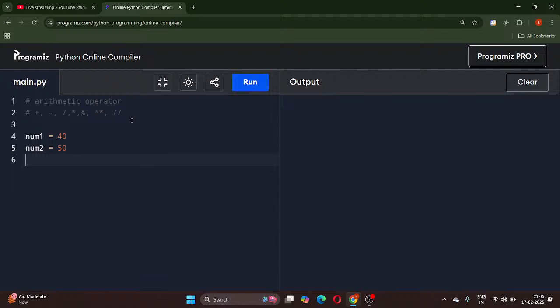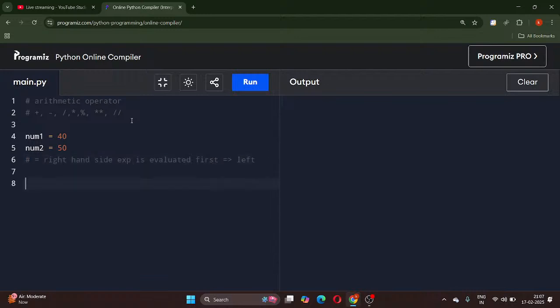So the right hand side expression is evaluated first, and a single value comes out, which is assigned to the left hand side. It can be any variable which the value will be assigned to.